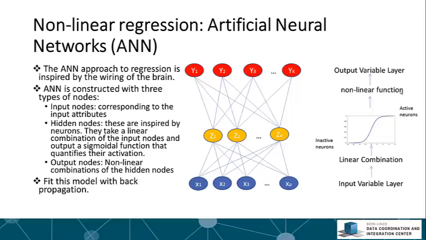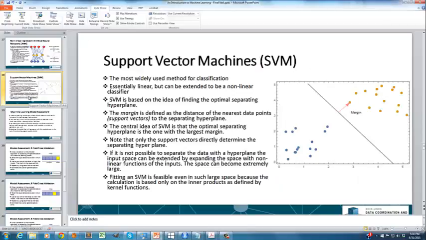Now this overall scheme of a regression model is very successful, very accurate in a very wide number of situations. The support vector machine is perhaps the most widely used method for classification. In its essence, it's a linear method, though it can be extended into a nonlinear method.